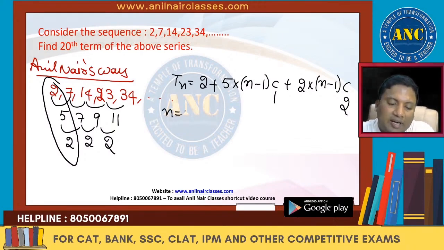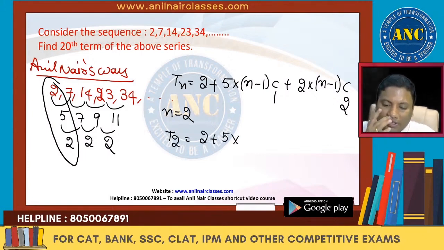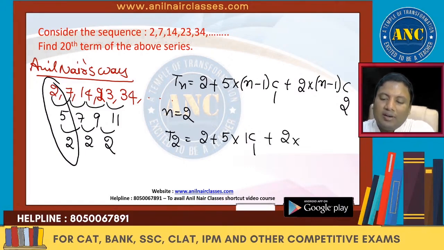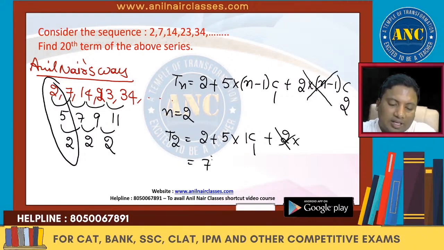If I take n equivalent to 2, t2 is nothing but 2 plus 5 into 2 minus 1 C1, next plus 2 into 2 minus 1 C2. Out of 1 item, selecting 2 is of no use. So 2 plus 5 is nothing but 7.